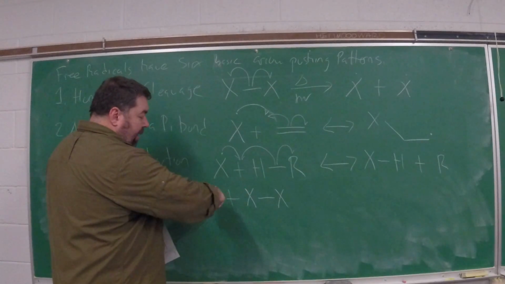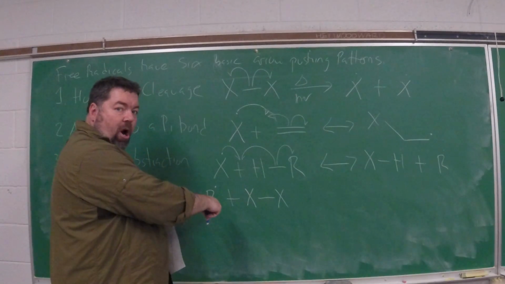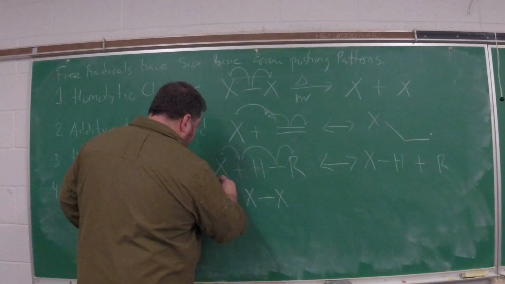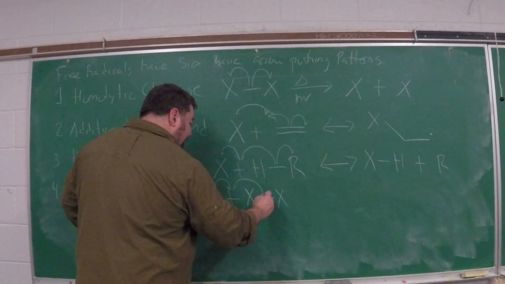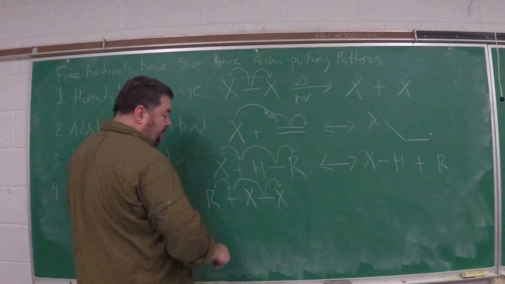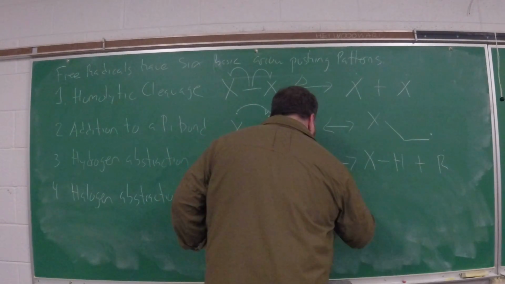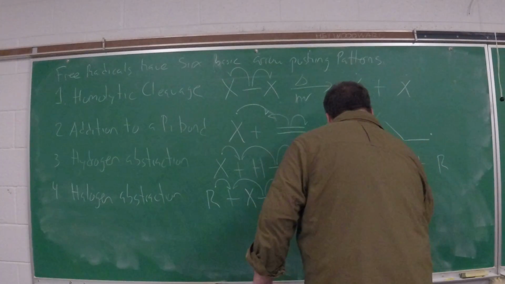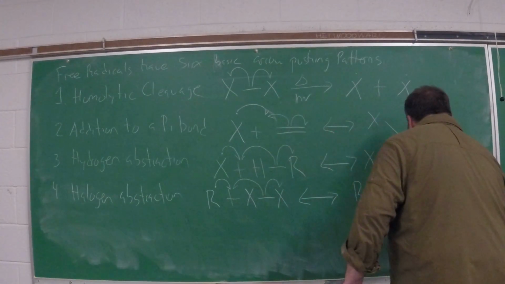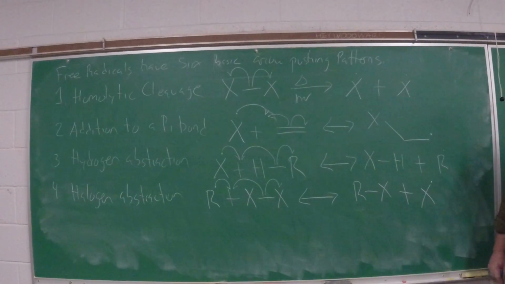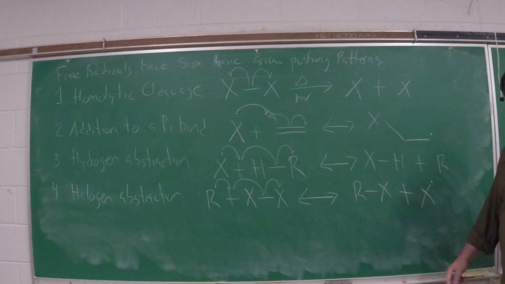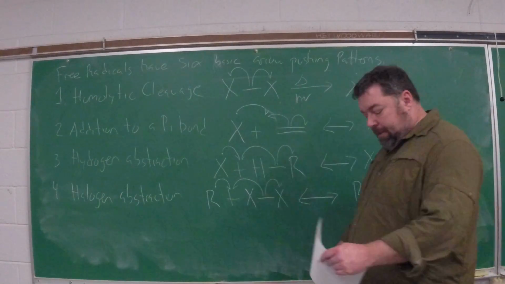We're just going to form a bond here between the carbon and 1 of the halogens. Again, it takes 1 electron and then this other halogen gets the other electron. And we get a halogen free radical. Sorry, I'm jamming these together to try to fit this all on the board.